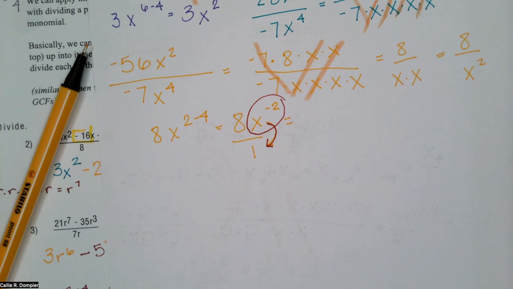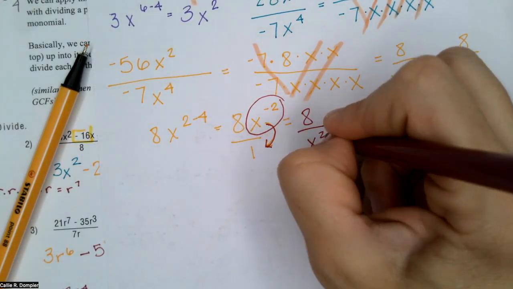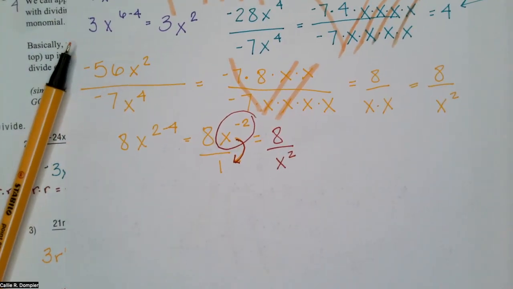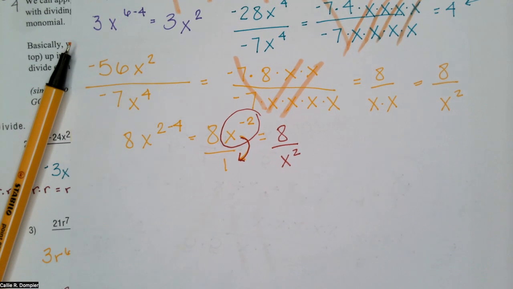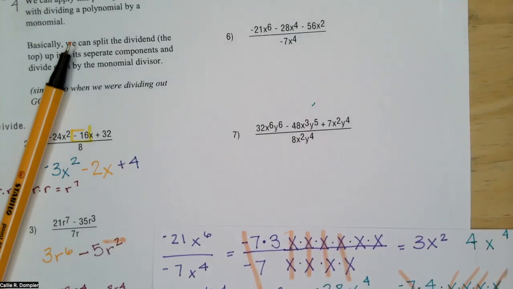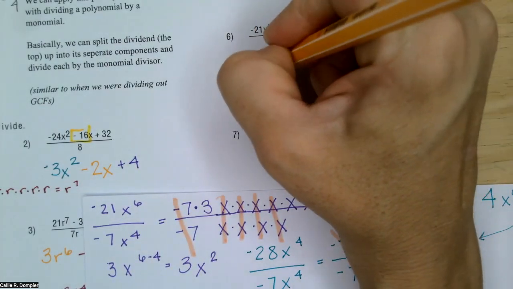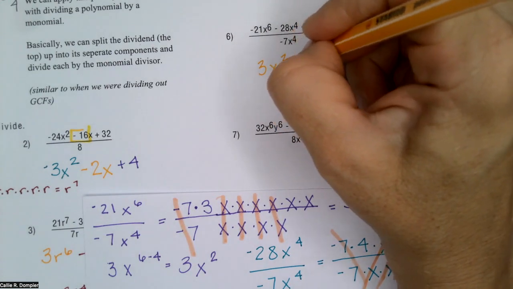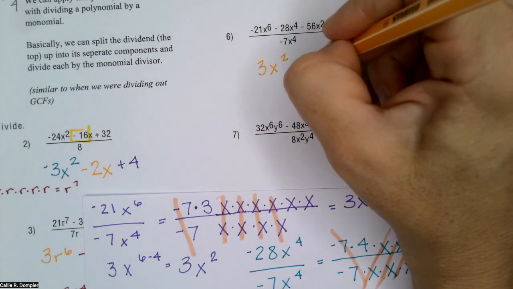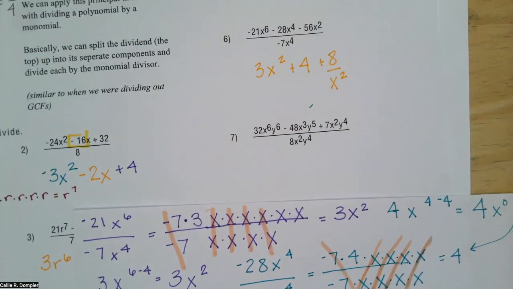Just a little bit more practice with the negative exponents, and I get 8 stays on top, x squared stays on the bottom. So if you get a negative exponent up here, just move it down here. It will always work. Good. So that one was 3x squared plus 4 plus 8 over x squared. And that's exactly how to write it.